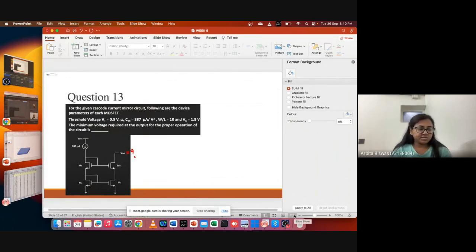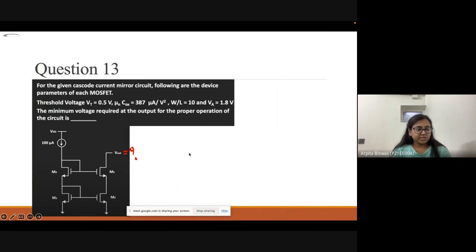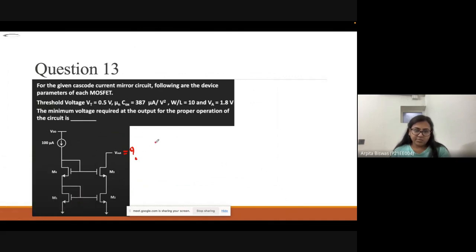Okay, let's start to solve the question. At first, see which values are given here. Vt value is given 0.5 volt.